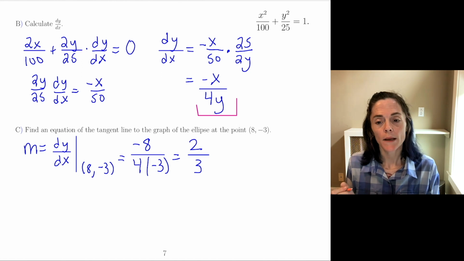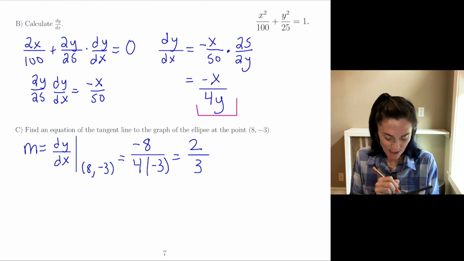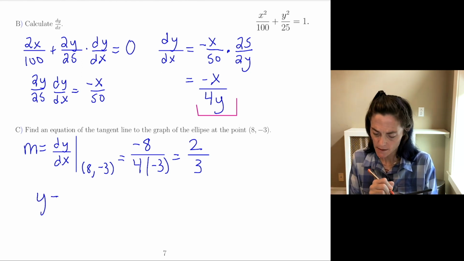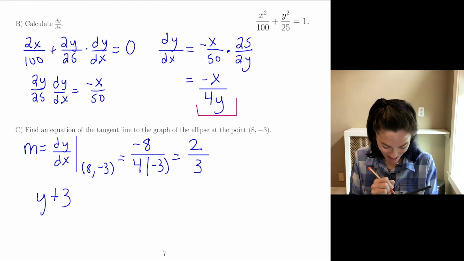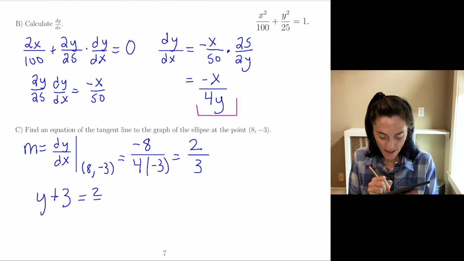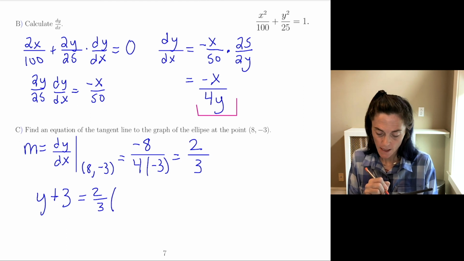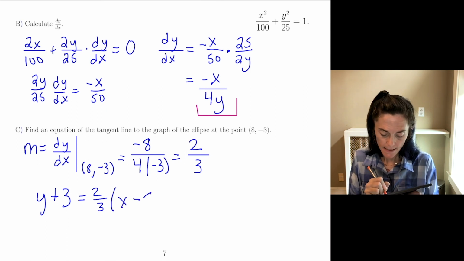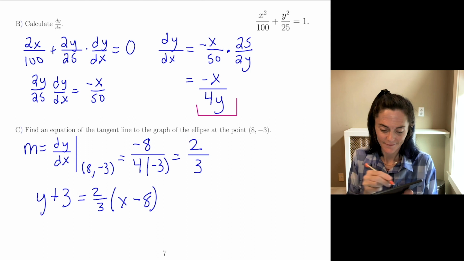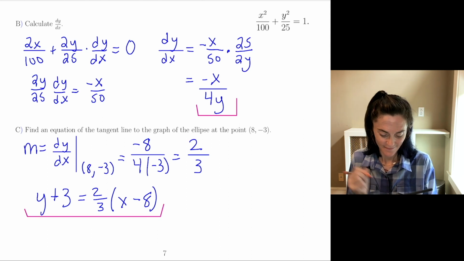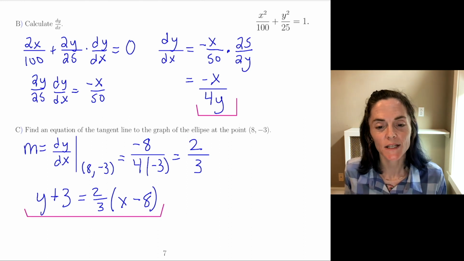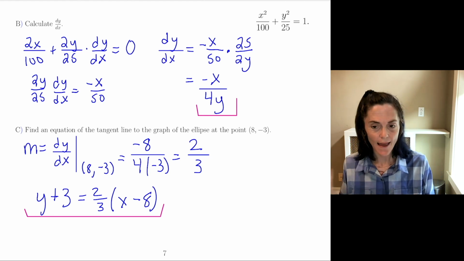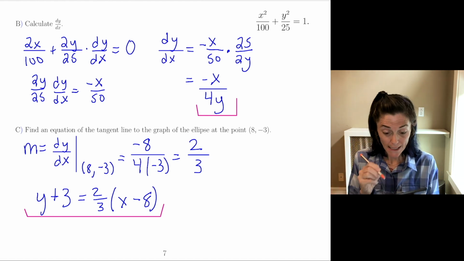Here's the slope, and I have a point, and so I get y plus 3 is 2 over 3 times x minus 8. Here's an equation of the tangent line to this graph at the point (8, -3).